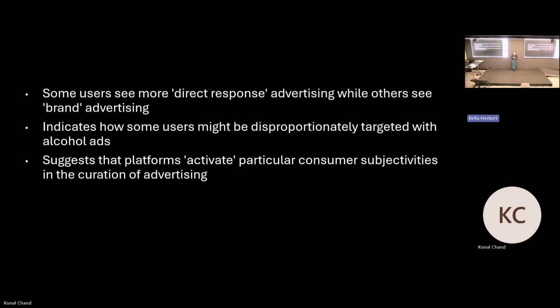And so really where this kind of nets out in terms of implications for alcohol advertising in particular is that we can use this method to think about how some users are seeing much more direct response advertising, while others are seeing that brand advertising, and that we don't see those types of advertising equally or interchangeably.